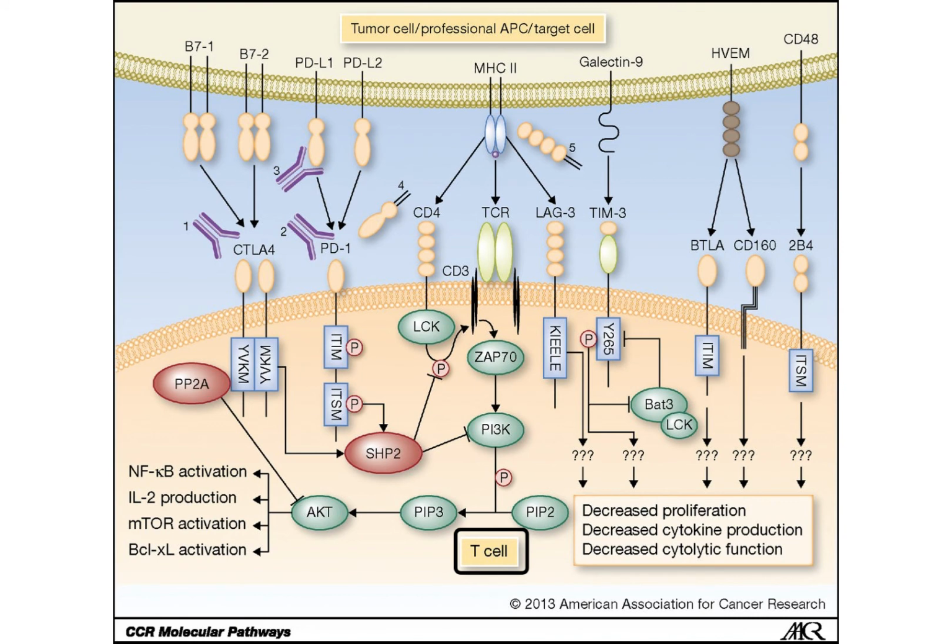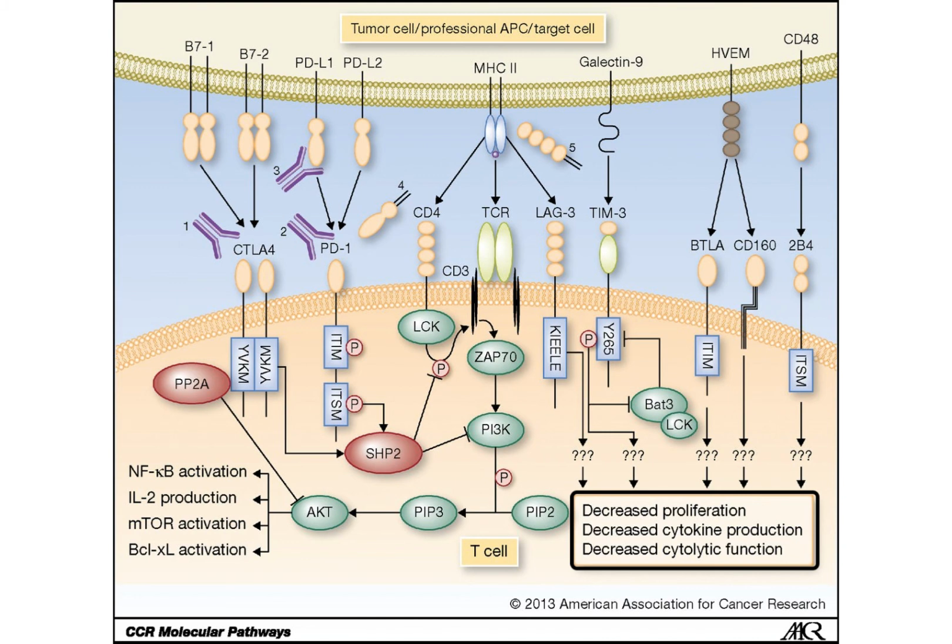And on the left-hand side, then, this causes activation of NF-kappa B, which is a transcription factor, increasing transcription. Interleukin-2, which stimulates certain cells. mTOR and BCL also are activated. So all of these cause aberrant interaction between the T cell and recognition of a tumor that's gone out of control.